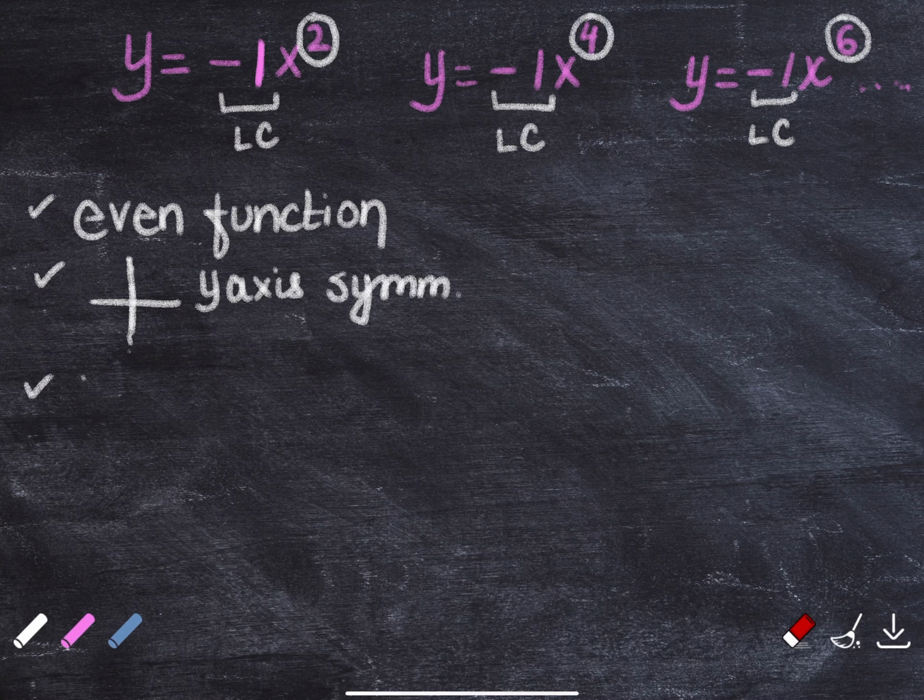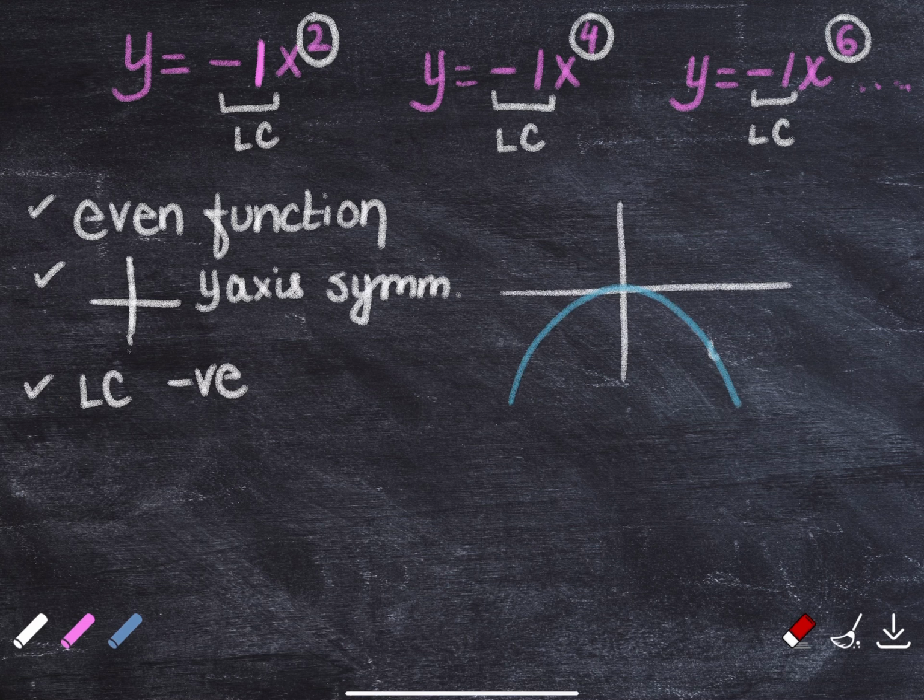The other point is that their leading coefficient is a negative number, so it is not positive. For such graphs, whenever you graph them, you will have a down and down graph. On the left hand side it is down, and on the right hand side it is also down.